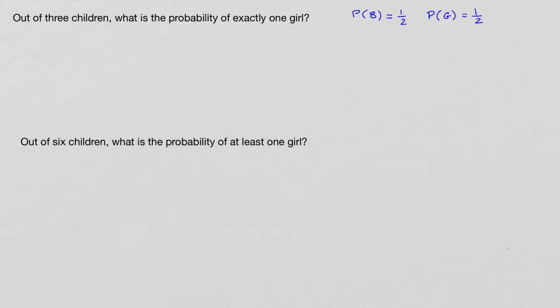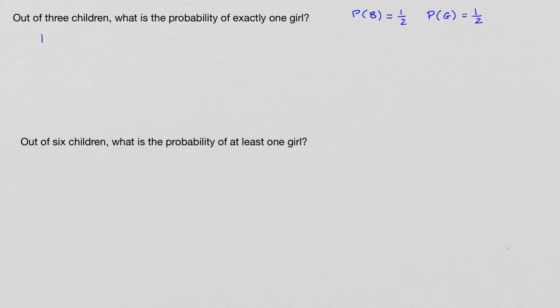So when we want to calculate the probability of getting exactly one girl out of 3 children, we can list the sample space. That's one way to approach this problem.